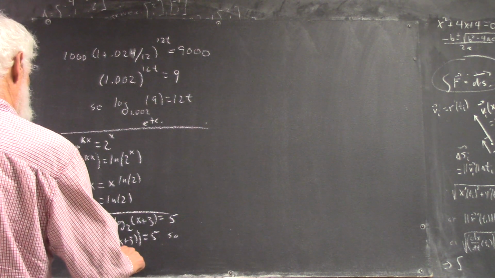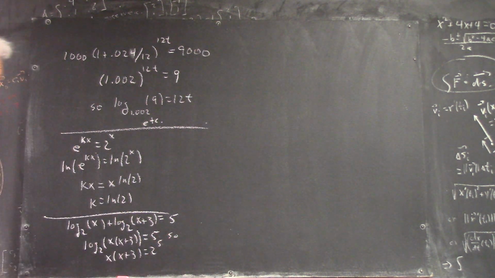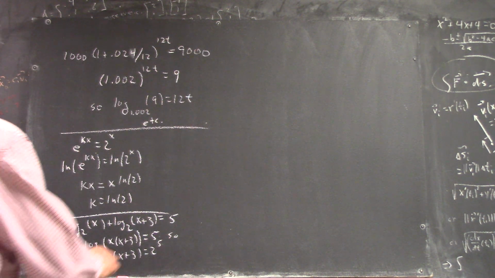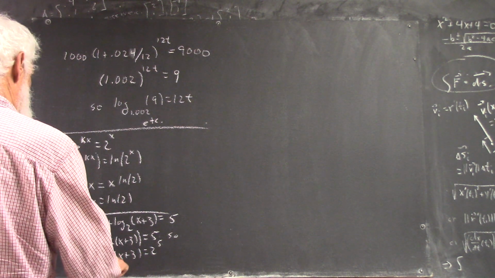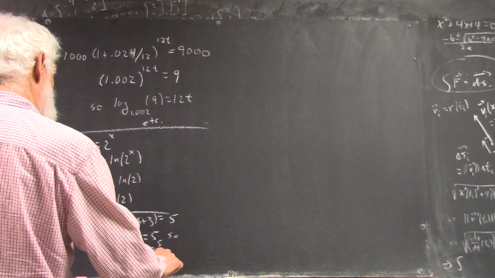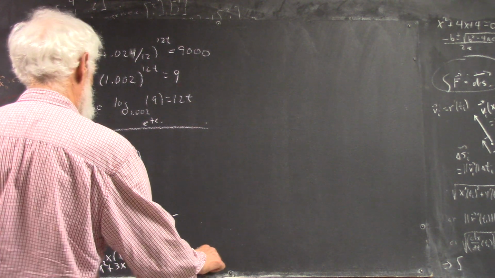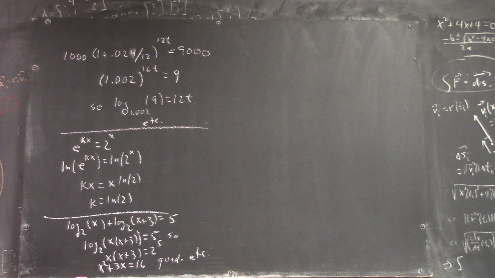So x times x plus 3 equals 2 to the 5th. So you get x squared plus 3x equals 16. It's quadratic, and you solve it as such. Okay?